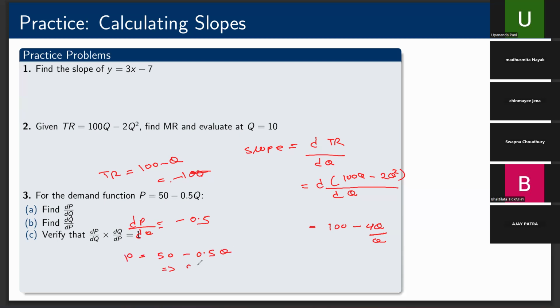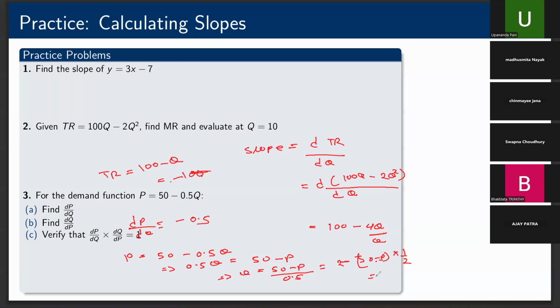I can write 0.5Q is equal to 50 minus P. That implies Q equal to 50 minus P, whole divided by 0.5. 0.5 I can write as half. So 50 minus P divided by half, I can say is 50 minus P into 1 by half.